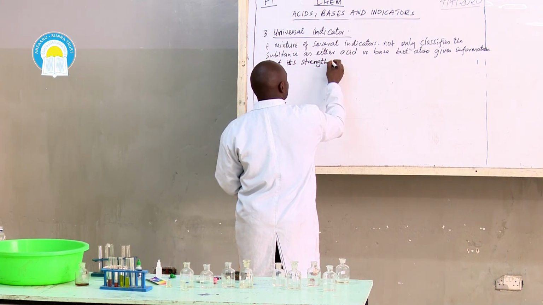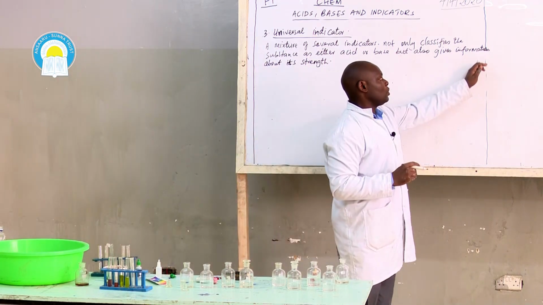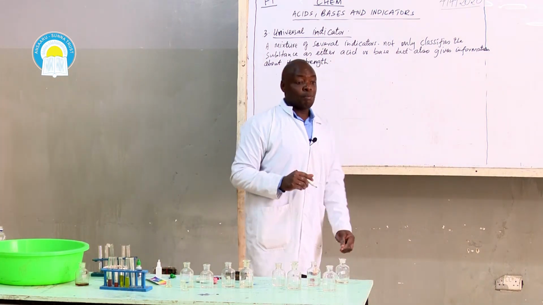How does a universal indicator give information about the strength of an acid or base?